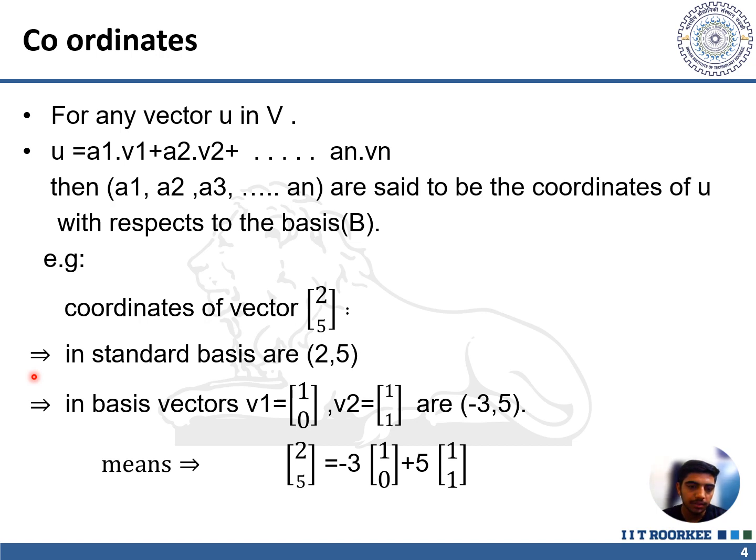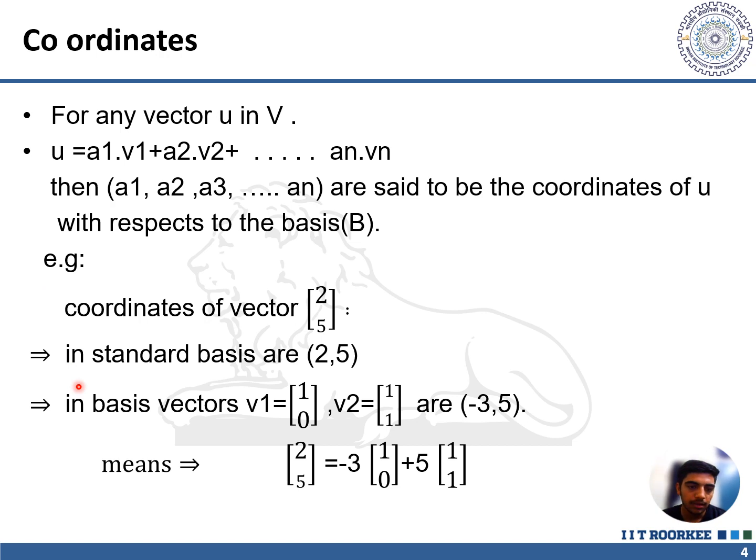The standard basis gives a1 into (1, 0) plus a2 into (0, 1). Then we will find that a1 is 2 and a2 is 5. So (2, 5) is the coordinate of the vector u in the standard basis.